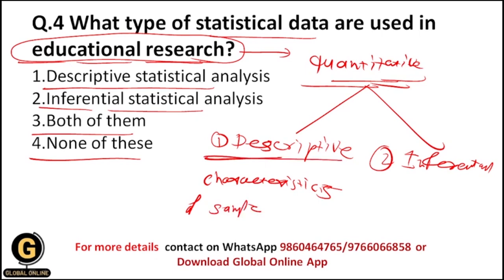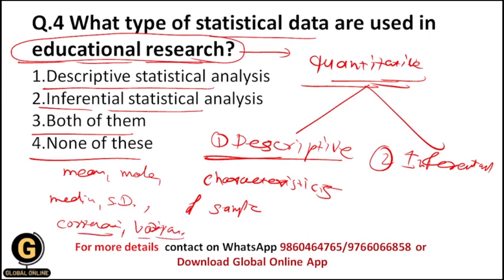So descriptive statistical analysis includes mean, mode, median, standard deviation, then correlation. And as well there are other dispersion techniques, for example variance. So all of these are descriptive statistical analysis.